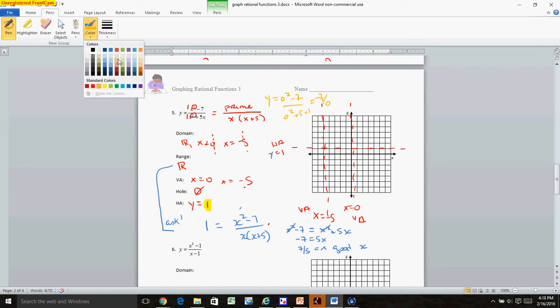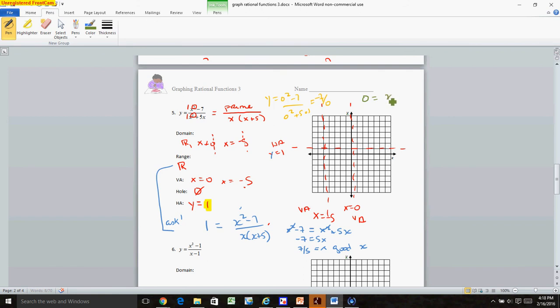What about the x-intercept? To find the x-intercept, you make y equal to 0, and you only care about the numerator. Now I know x squared minus 7 is prime for factoring, but for solving, how many solutions are there? 2. They just might not be rational. And sure enough, they're not.